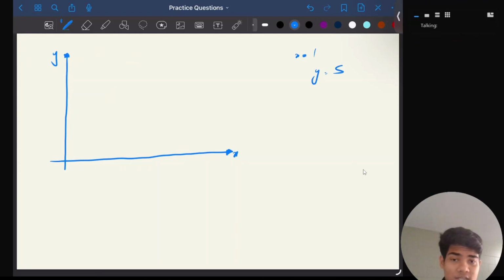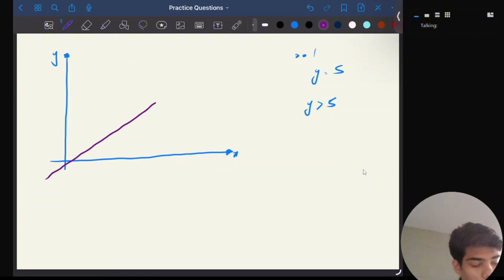But in inequality graphs what happens is we're looking at a range of answers. তার মানে for example তুমি যদি y is greater than 5 পাও তার মানে 5 এর উপরে বাকি সবগুলোই তোমার answer 6, 7, all the way over to infinity. So normally একটা xy প্লেনে this is what you would see.